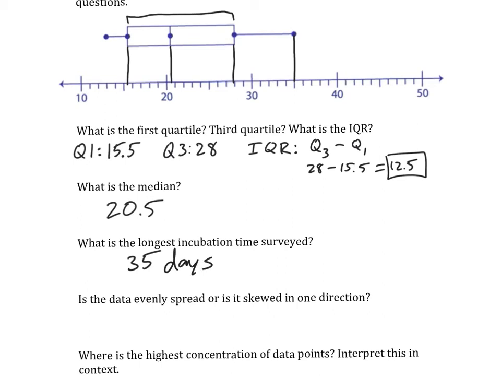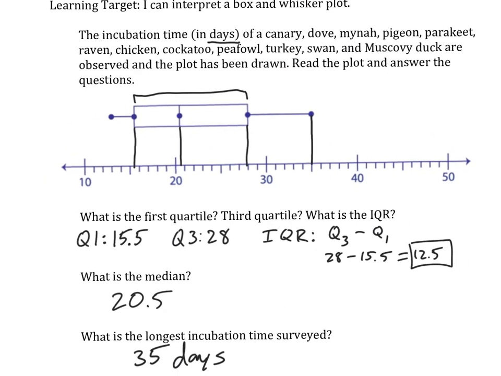Now, this question asks, is the data spread evenly or is it skewed in one direction? So remember how I talked about how each of these sections contains 25% of the data. So this contains 25%, this contains 25%, this contains 25%, and this contains 25%. And the longer the whisker or the bigger the box, the more spread apart the points are, like the median and the third quartile, for example, the less concentrated the data is.